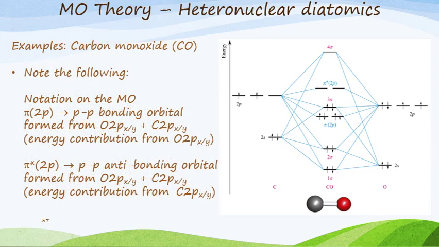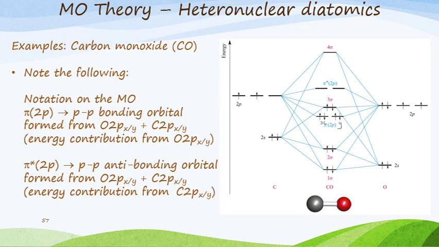Okay, now let's go to the 2p orbitals. Remember we have orbital mixing, so that means that the pi orbitals down here, where it says pi 2p, these contributions will come from the pi x and the pi y orbitals.